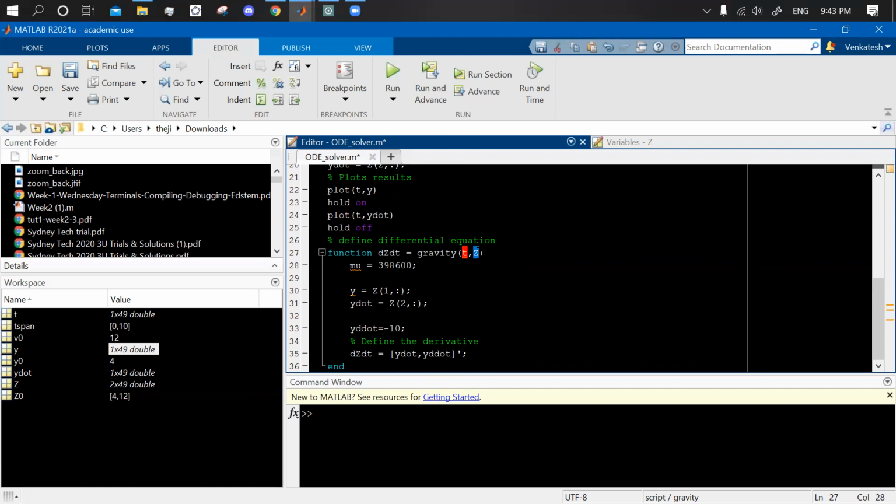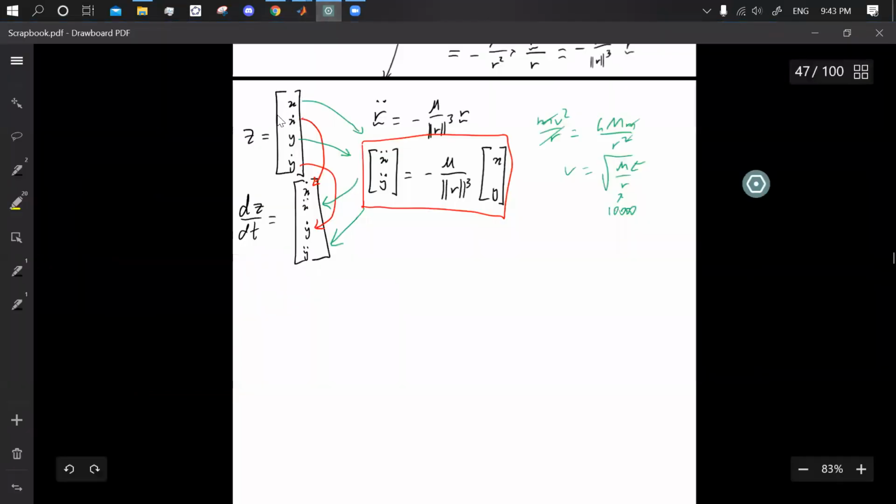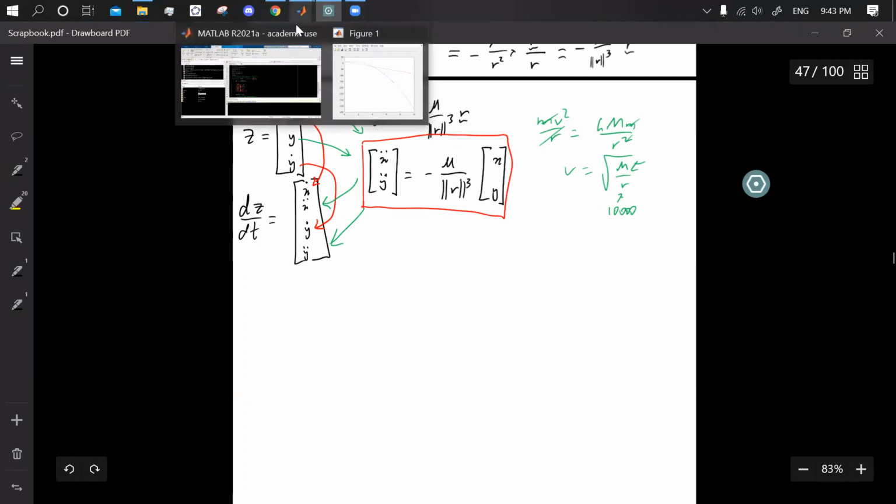So far, this Z already has 4 values. It has x as the first value, so that's Z of 1, comma all columns. And we have x dot as the second value in Z. Again, I could swap the order around, and whatever order I use, as long as you're consistent with it, the code will work fine.